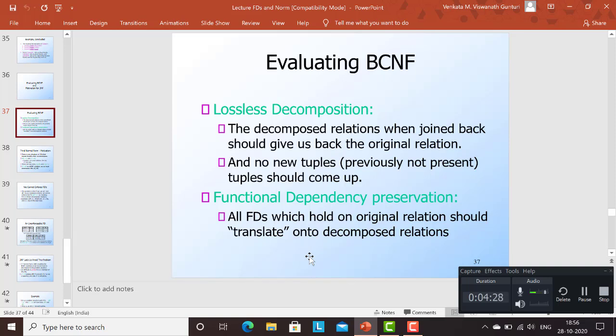Even in the example that I'm going to cover for loss of functional dependency preservation, you'll see that it is a highly contrived example, and much more related to a theory angle rather than having a lot of significance in the real world, right? So the moral of the story here is that don't throw away BCNF as a useless decomposition. It is still extremely widely used, right? Because there are only very few functional dependencies which do not translate down. Rest everything gets covered.